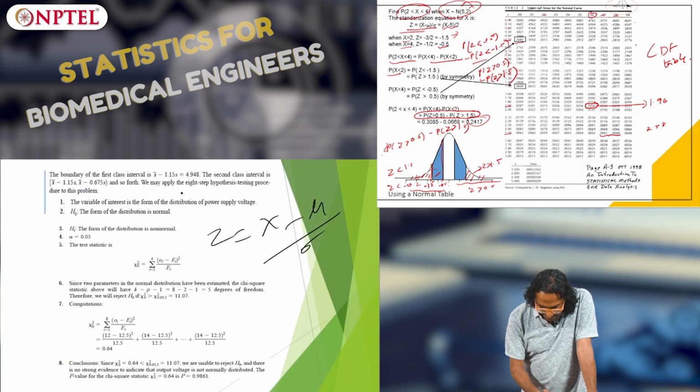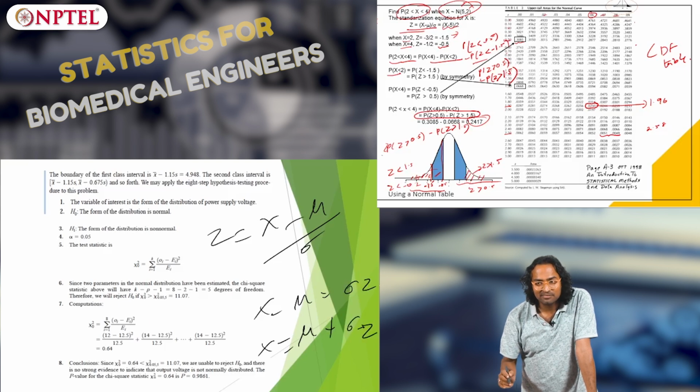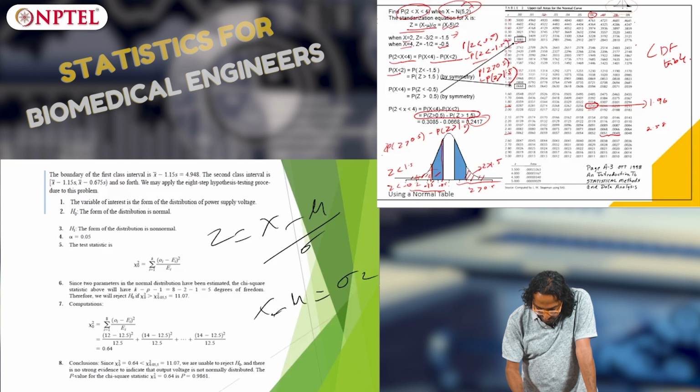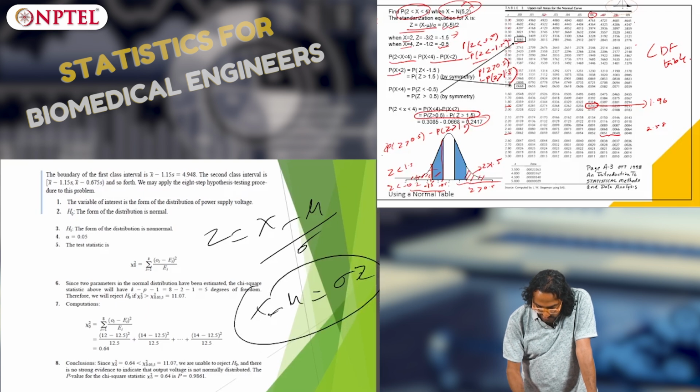So x minus mu equals sigma z, x equals mu plus sigma z, that is all. Now you know the z value 1.15, you have divided into 8 classes, and the sigma value is given to you as 0.08, that is nothing but sigma replaced with s.